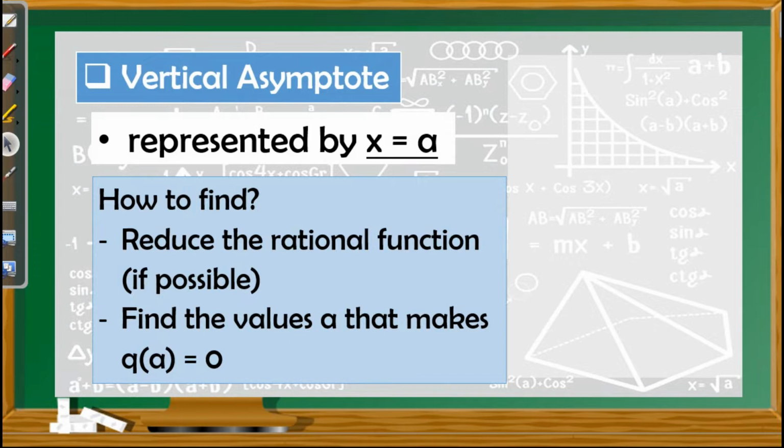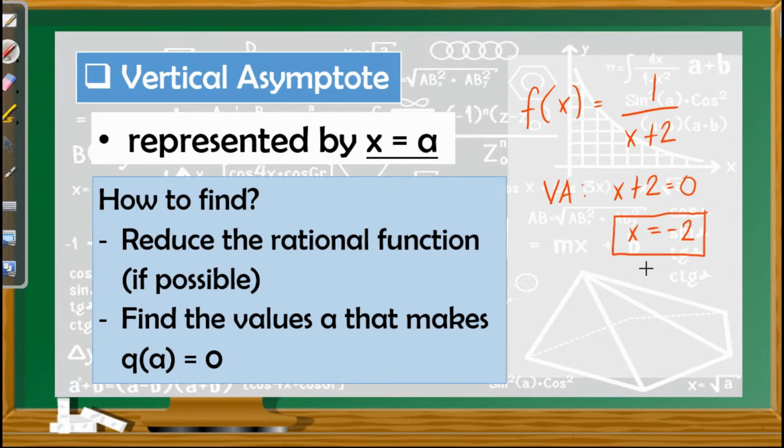Second, find the values of a that make the denominator 0. So in our given example, f of x is equal to 1 over x plus 2, to find the vertical asymptote, all we have to do is to equate the denominator to 0. So x equals negative 2.